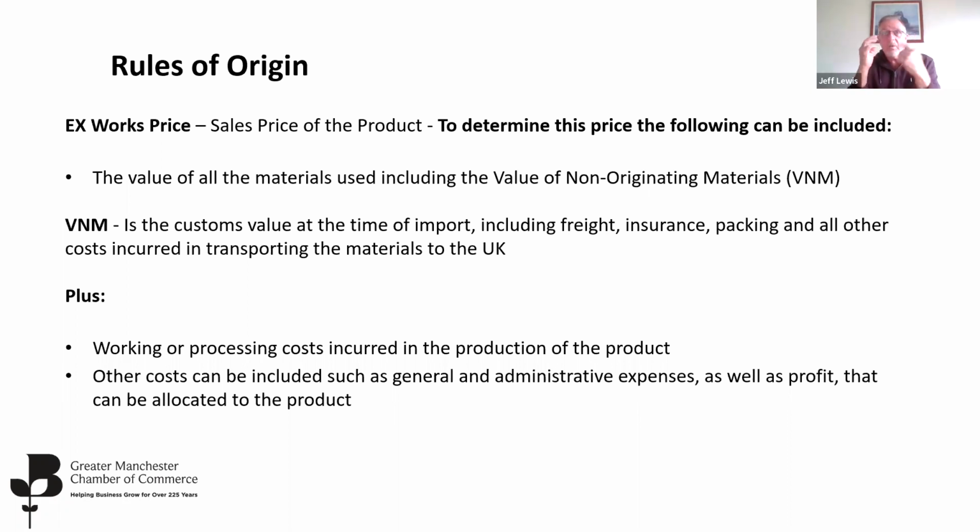One of the things I mentioned before is approved exporter. If you're an approved exporter, it allows you to use a statement of origin as proof of origin on your documentation, irrespective of value in a lot of the trade agreements. But it is a requirement for South Korea for shipments over 6,000 euros.